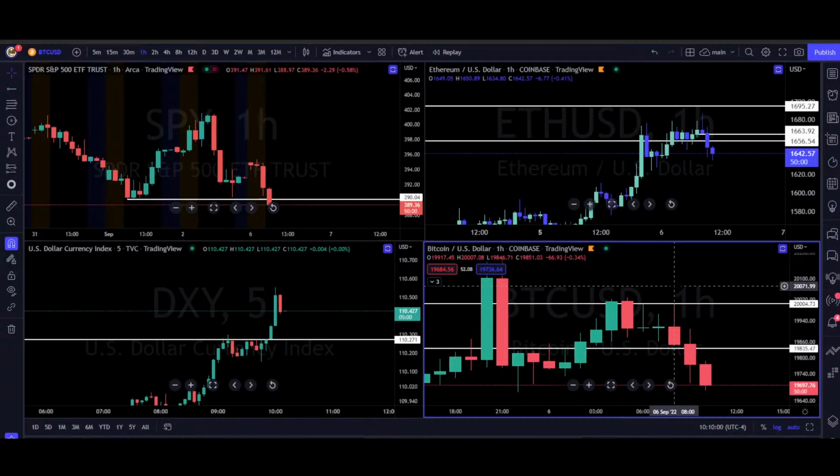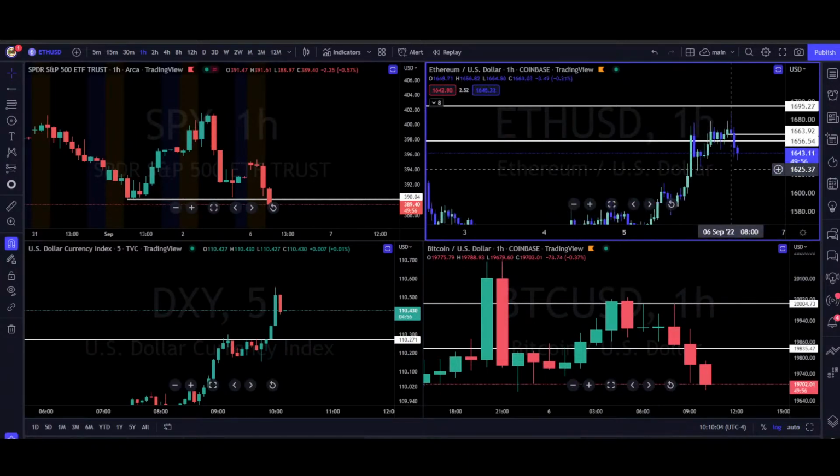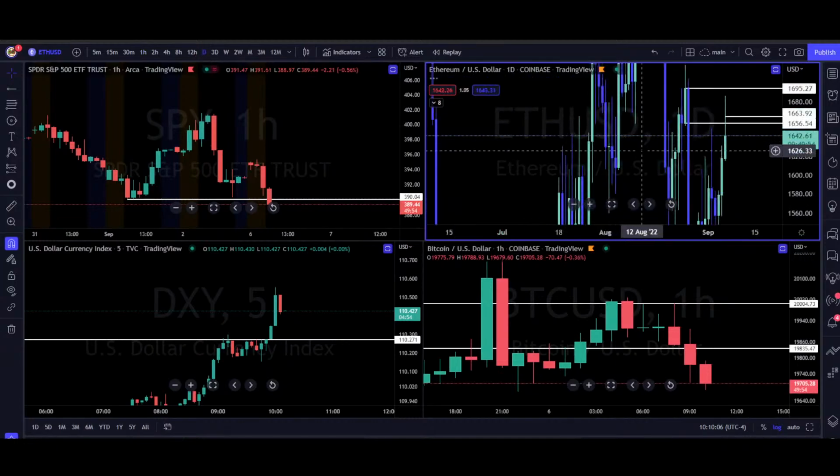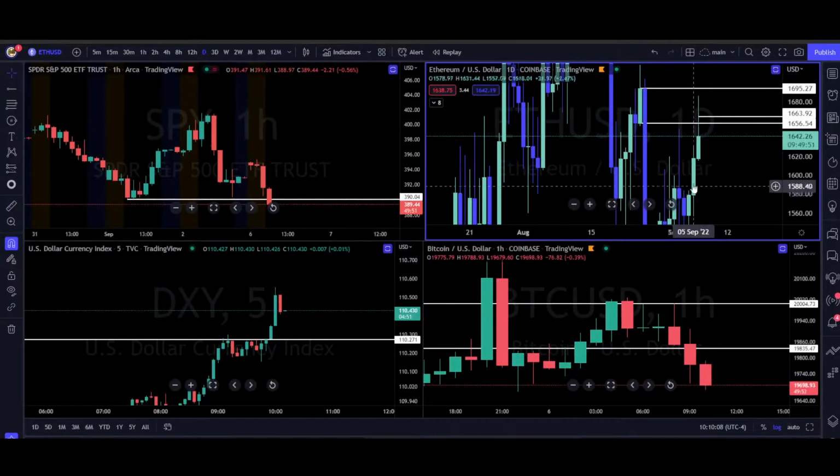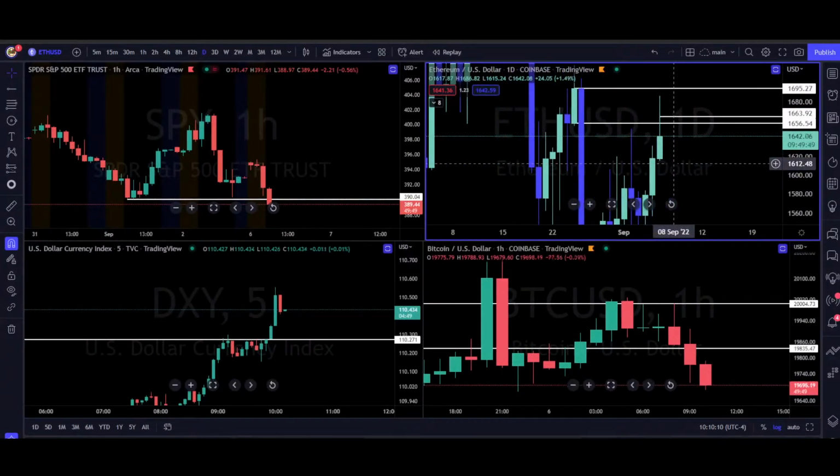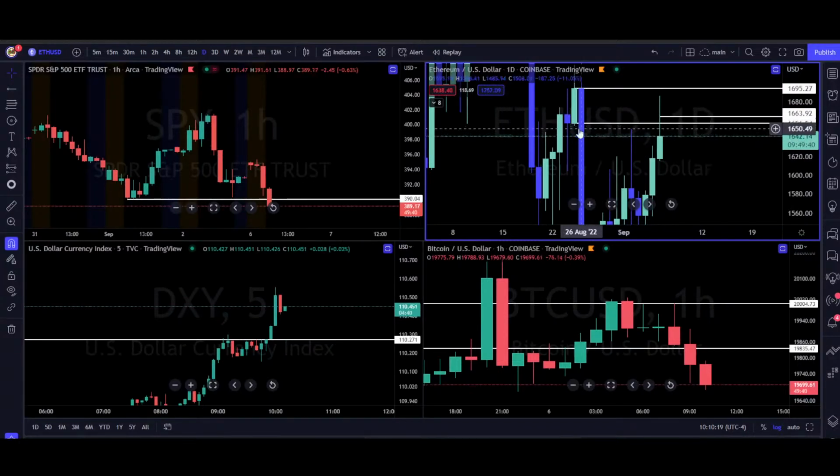Let the previous day tell you what you're looking for. That's why we weren't looking for shorts on Ethereum. Yesterday was bullish. Yesterday broke out. So there wasn't really anything to go long on here, right? There's just no trade.